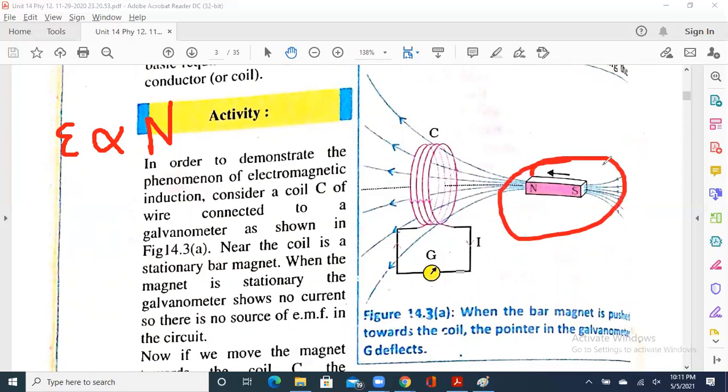And if this magnet is very strong, its strength is measured by the magnetic flux, phi. So the induced EMF, epsilon, is also directly proportional to the magnetic flux.